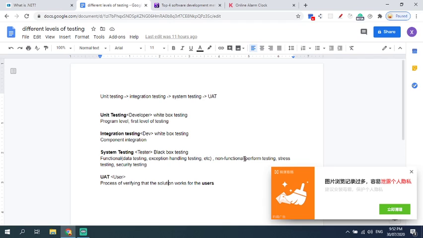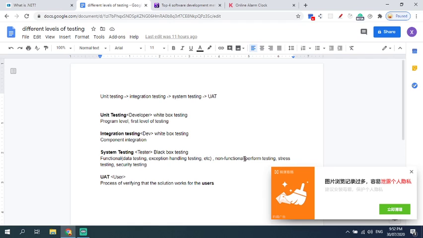So after system testing, we will say the software doesn't have any issue, but we are not sure if the user will accept the software, if the solution works for the user. So we will do UAT. UAT is a very popular testing level, which stands for User Acceptance Test.